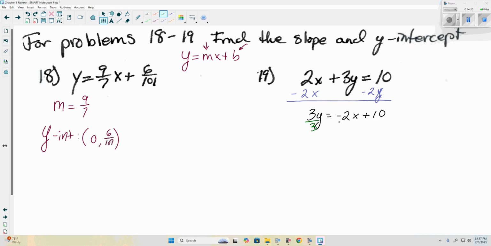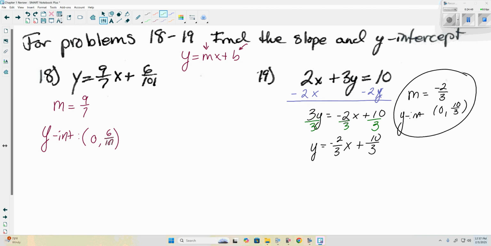And lastly, we divide everything by 3, telling us y is equal to negative 2/3 x plus 10/3. So our slope is negative 2/3. Our y-intercept is the point 0 comma 10/3. Solve it for y, find our slope and y-intercept.